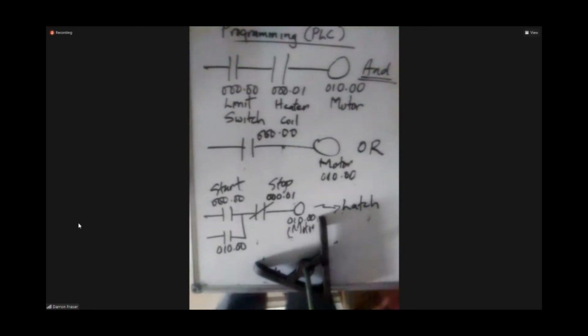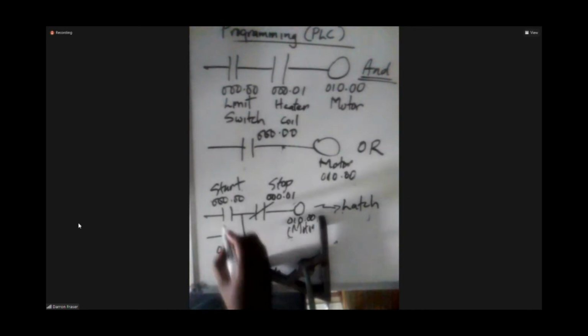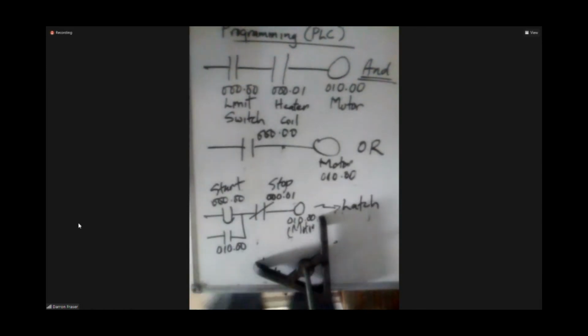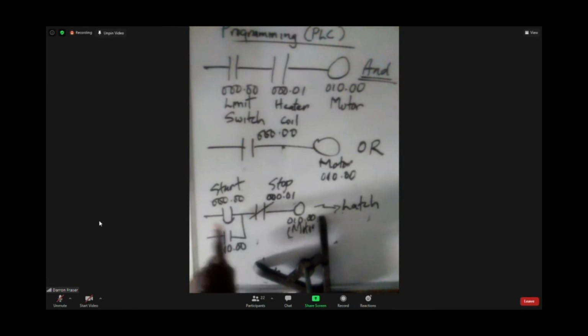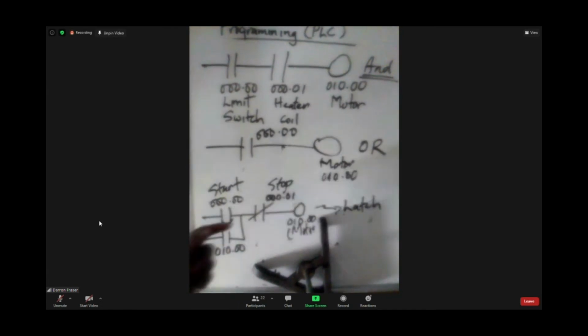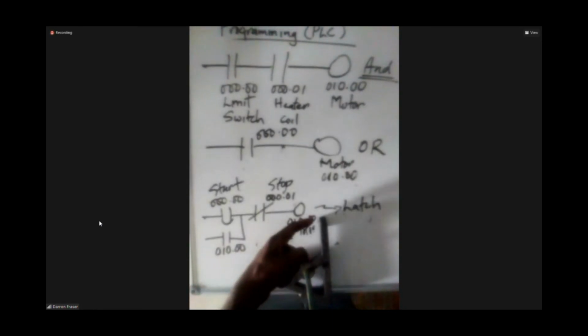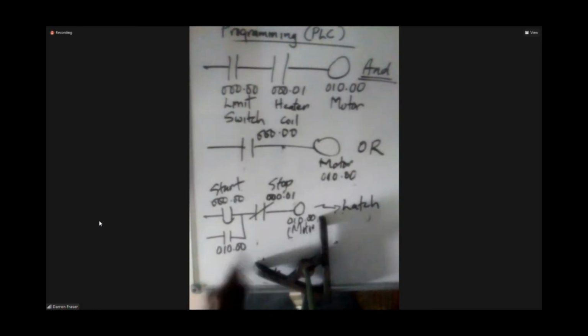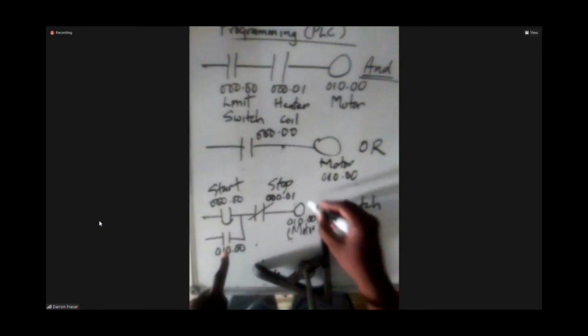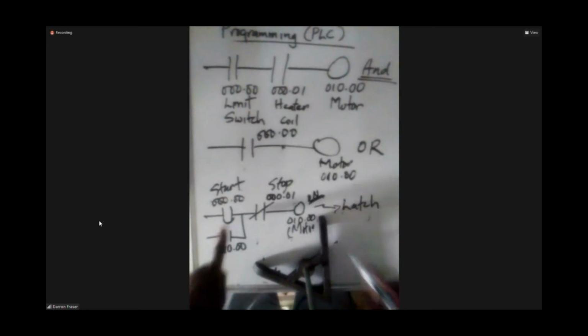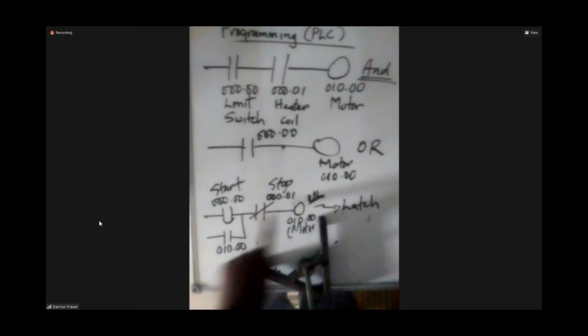So here's what the thing is now. If I close the start switch, and it's a push button switch, then when I close the switch, we think of current as flowing from left to right. So current can reach the motor. So the motor is going to turn on. You close the switch, the motor turns on.